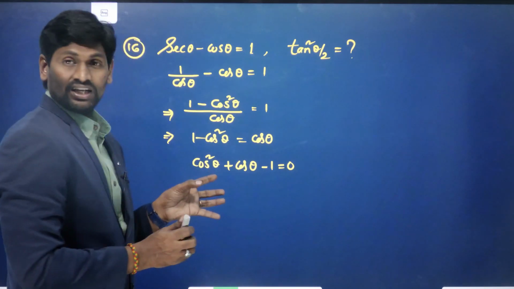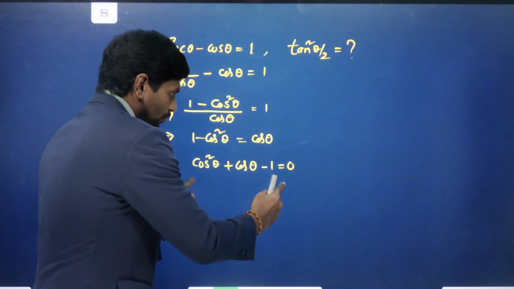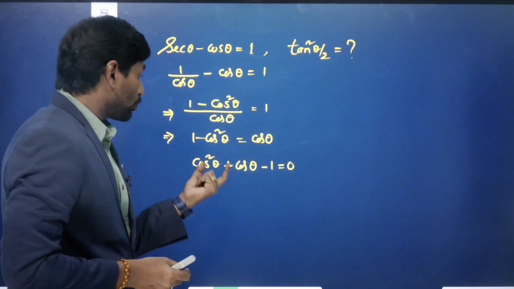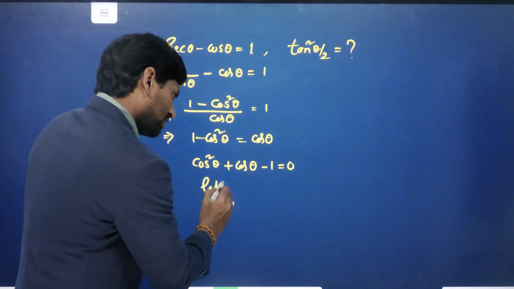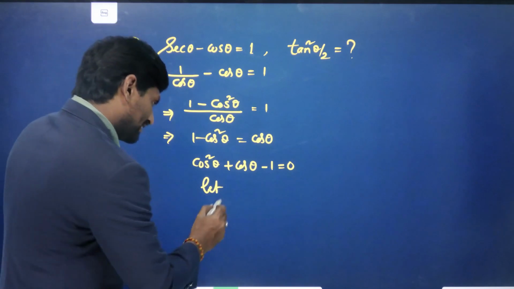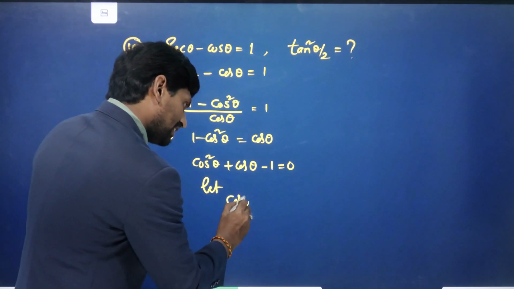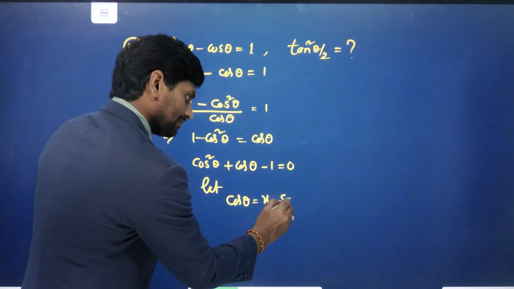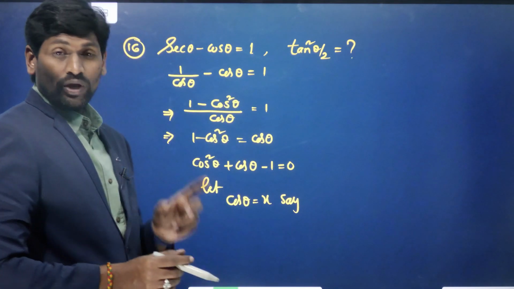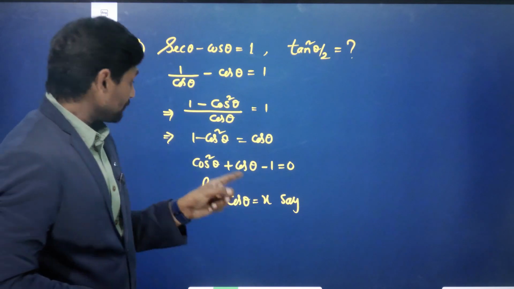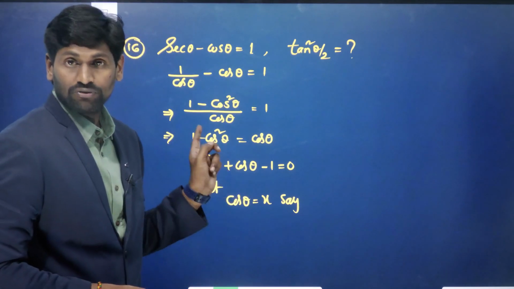Now while you are observing, this equation looks like a quadratic equation, so I am going to find the x value, that means cos theta is taken as x. Whenever you see cos theta, just substitute x in place of cos theta.